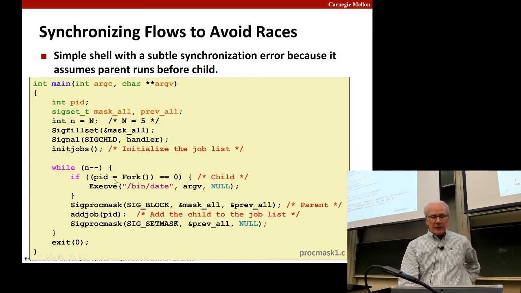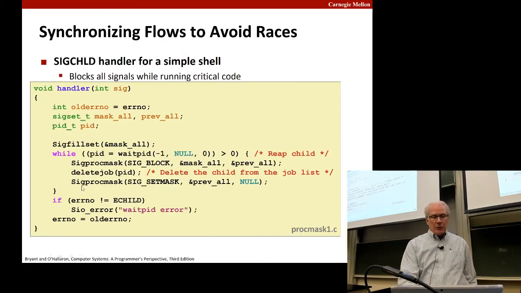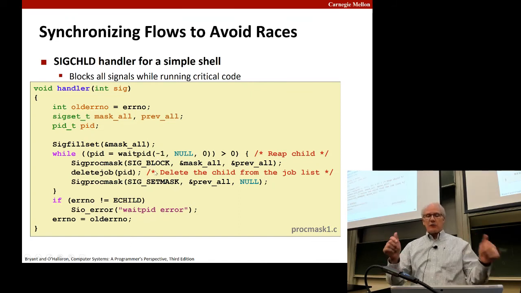So the idea is I forked off a child, I executed some other program, and then I made sure that I added this program to the list of jobs that I'm actively monitoring. And then later that handler that we showed before will, when that process completes, delete this job. And you see I'm blocking signals as a way to make sure that I'm not trying to add and delete a job at the same time.